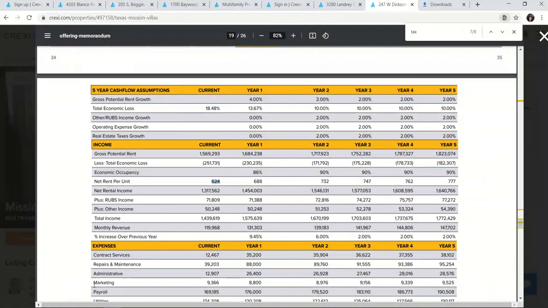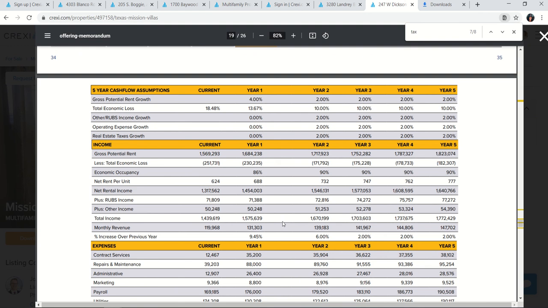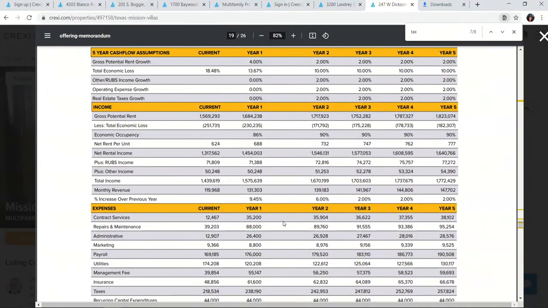So this is what underwriting is all about, understanding what is going on and seeing the story that the numbers are telling. So they're going to say that in the first year, we have the ability to increase it by 9.4. And then the second year, 6%. And then 2 years from there over. Okay. And they're basing that off of implementing the RUBS income.